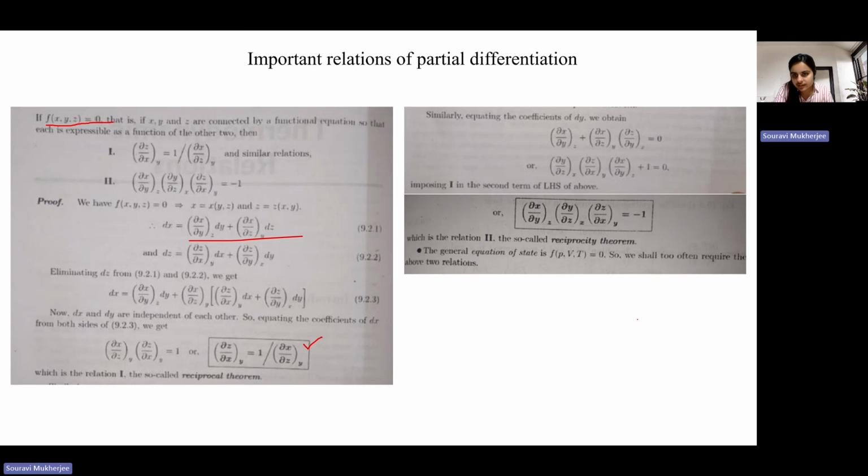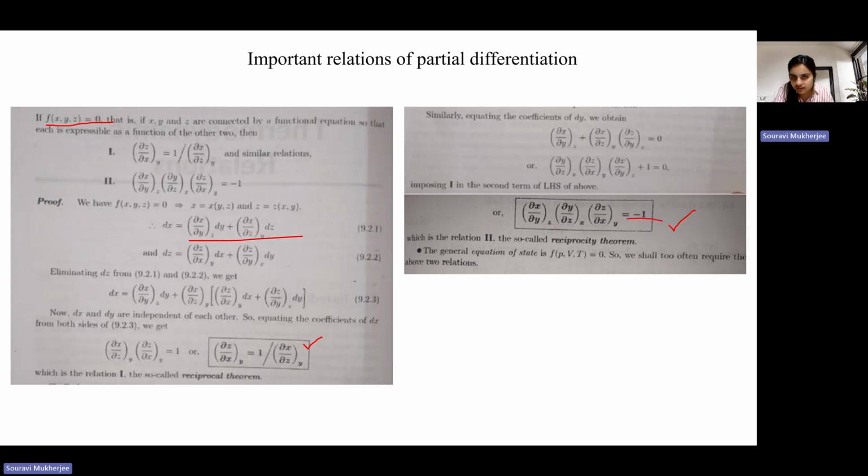Another important thing is the reciprocity theorem, which is more like the cyclic theorem, which says that if you have these three variables x, y, and z, related by some function, then del x del y at constant z into del y del z at constant x into del z del x at constant y gives you -1.